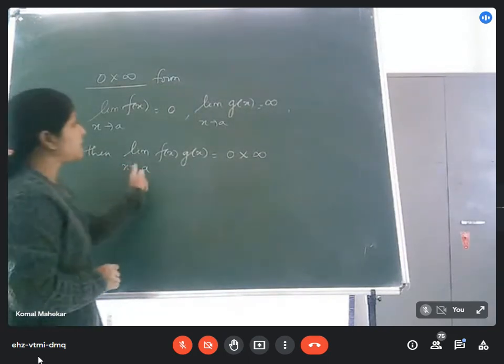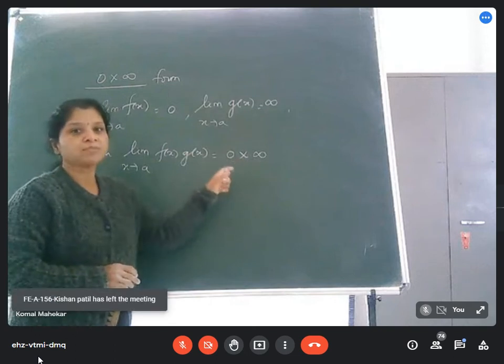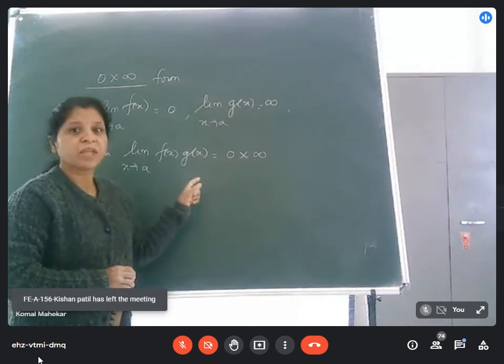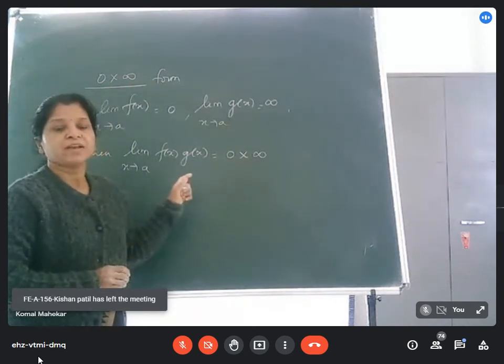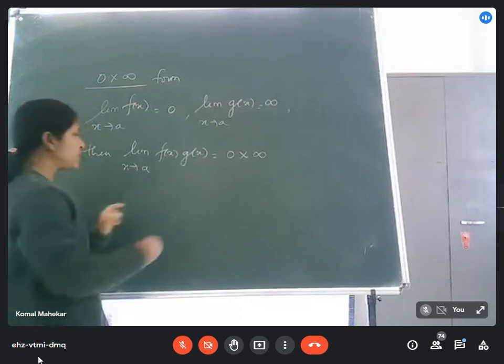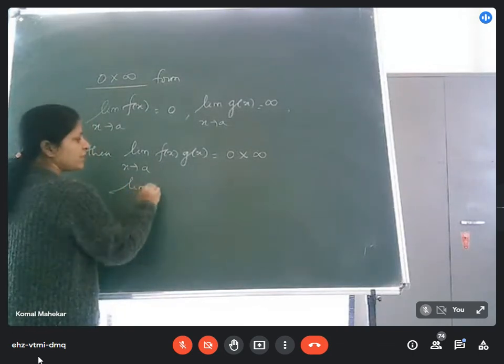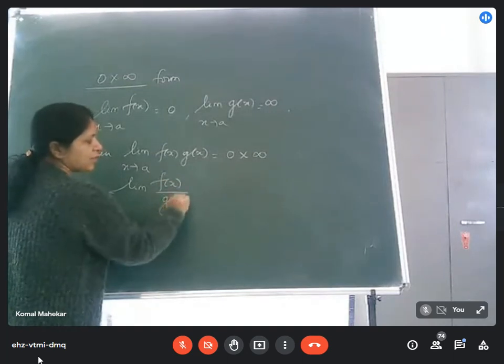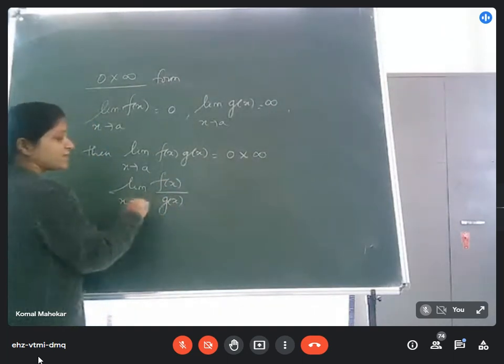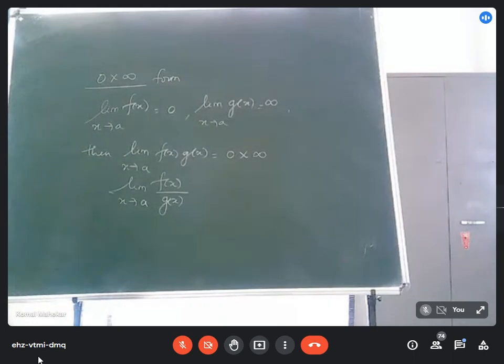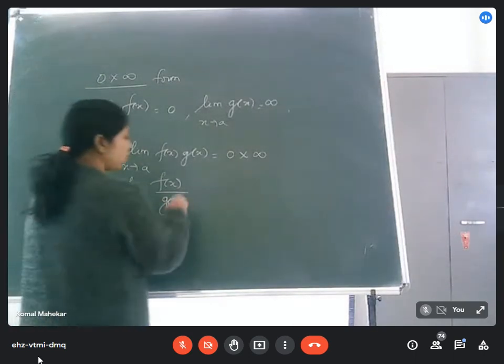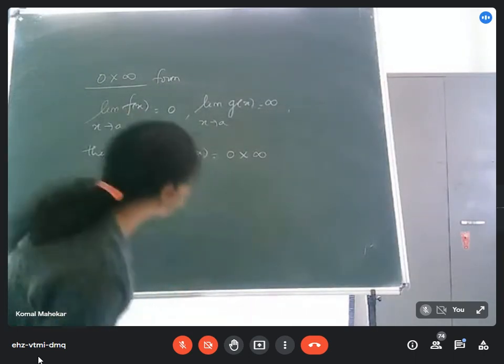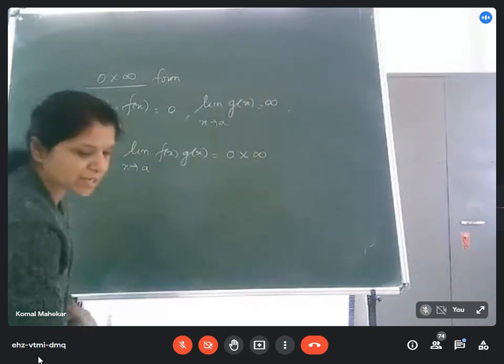Now, if it is in 0 into infinity form, then we have to write limit fx into gx in a different form. Limit fx into gx आपको कैसे लिखना है?